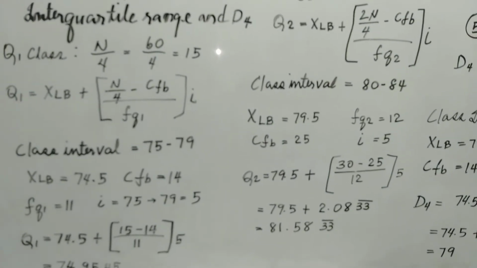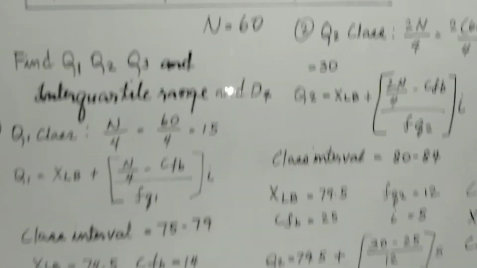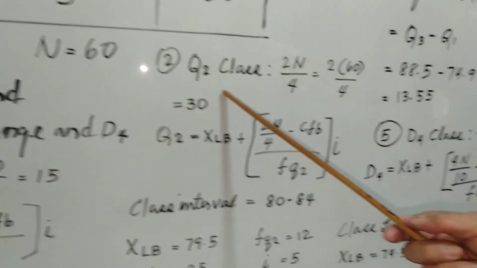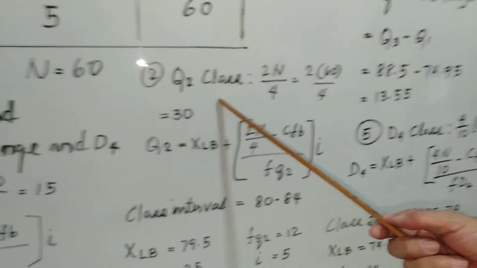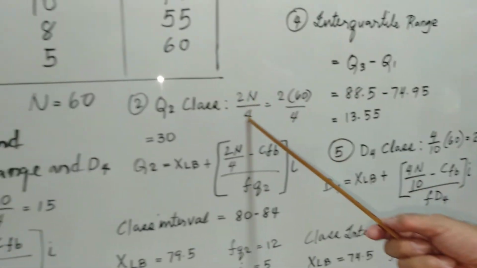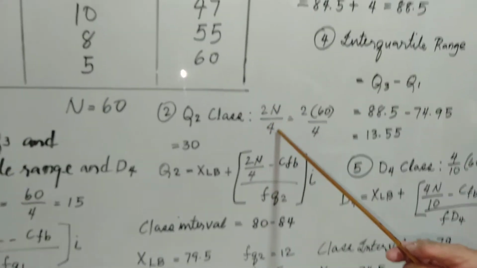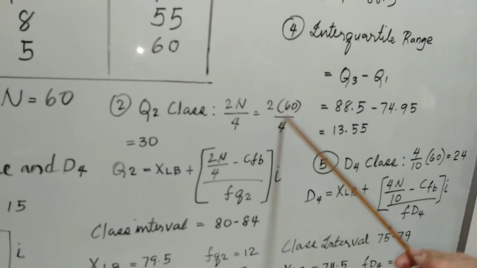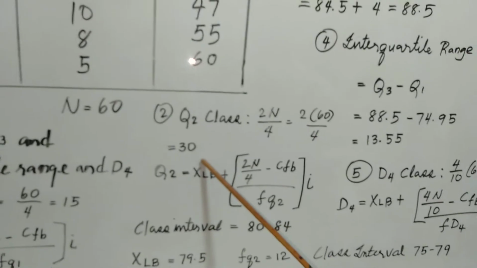For our second problem here, the Q2 class, the second quartile, divides the total frequency into 4 times 2. So we found out 60 over 4 is 15, times 2 is 30.